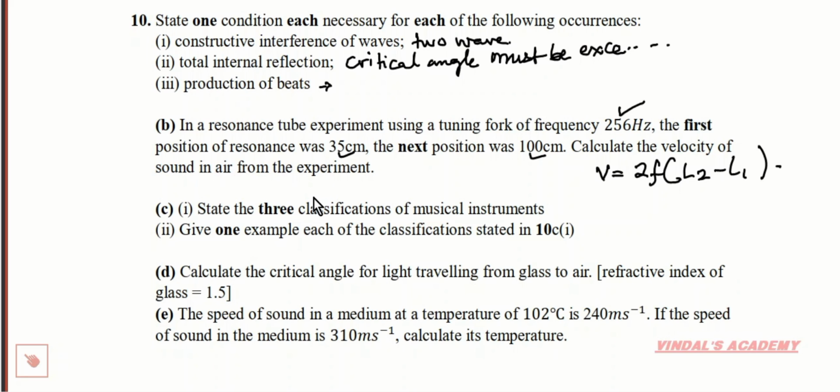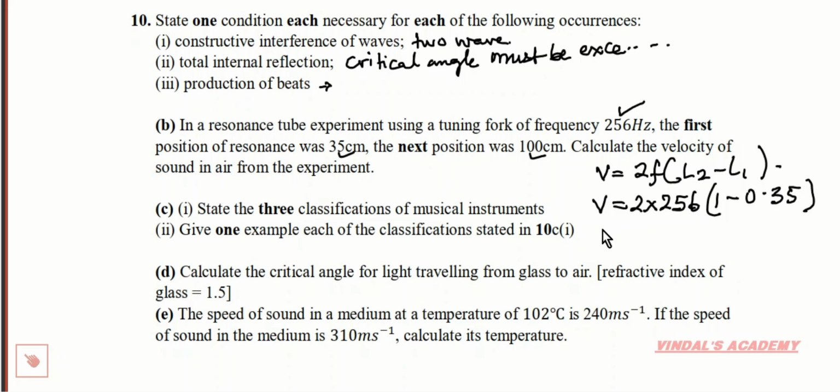It's just going to be very simple. 100 cm is just 1 m. Okay, we'll convert it to meters. So this is going to be V is equal to 2 times F, which is 256 here, multiplied by 1 (100 cm is 1 m) minus 35 cm, which is 0.35.